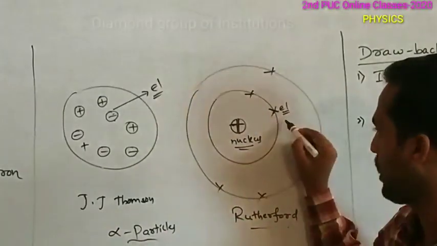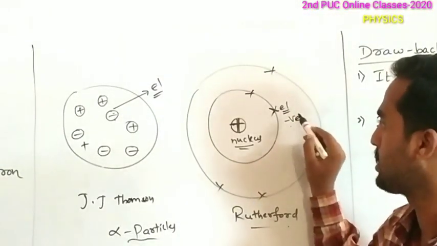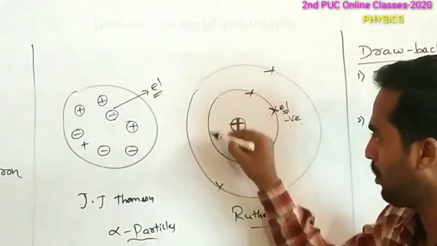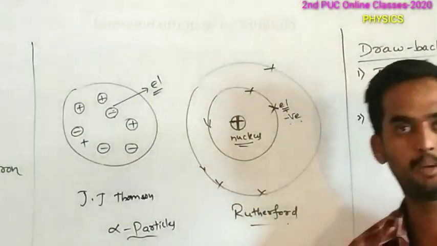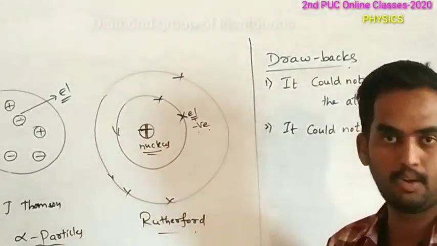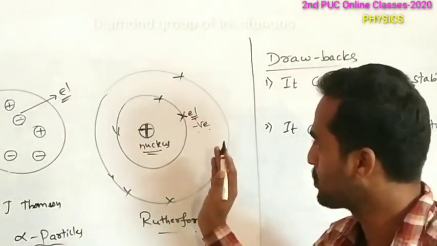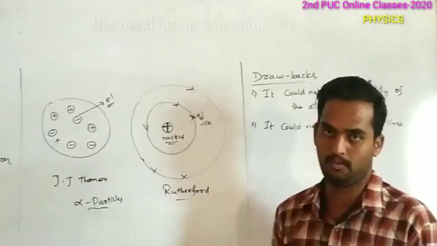Electrons have which charge? Negative charge. So negatively charged electrons revolve continuously around the nucleus, provided by two forces. One is an attractive force called electrostatic force. One more is the circular force, called centripetal force.